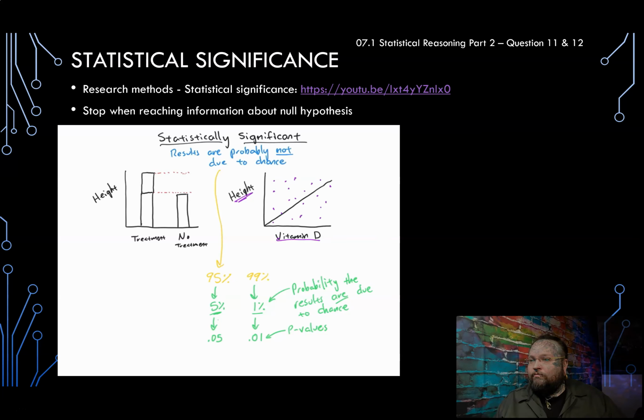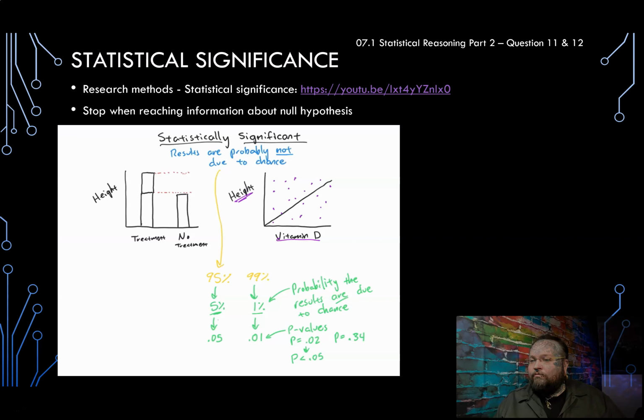So you'll see a result reported, like they'll say something like, we observed a difference between these two groups, and then they'll give you the p-value for that to tell you whether it was statistically significant. So they might say something like p equals 0.02 or p equals 0.34. Sometimes they'll give you the specific value like this. Sometimes they'll just say p is less than 0.05.